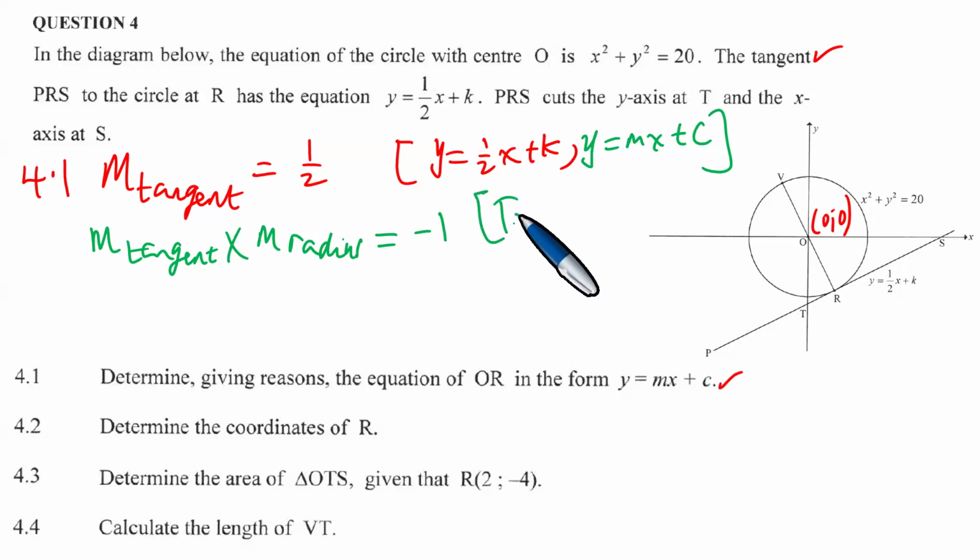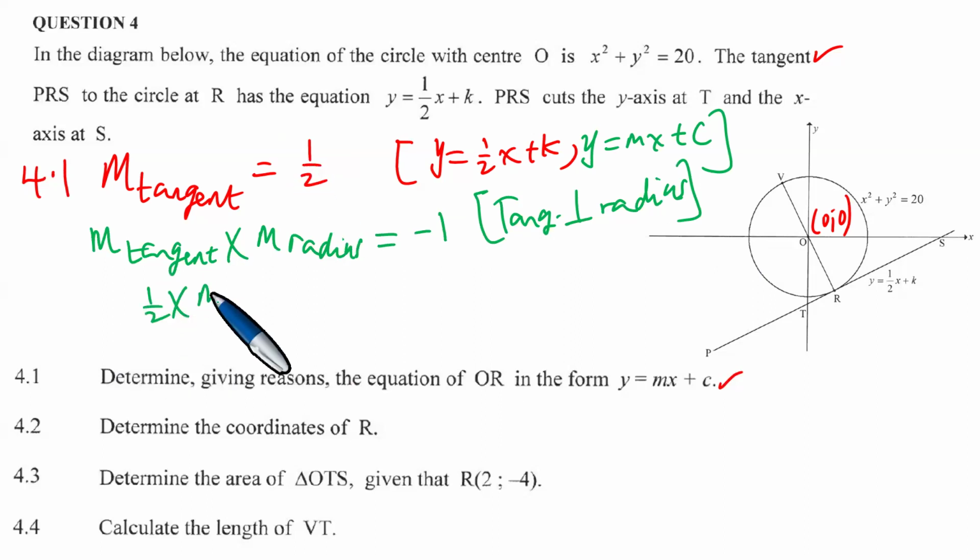Because a tangent is always perpendicular to a radius at the point of contact. This tangent is 1/2, so the gradient of the radius is -2. The tangent has gradient 1/2, and therefore the gradient of the radius is -2.